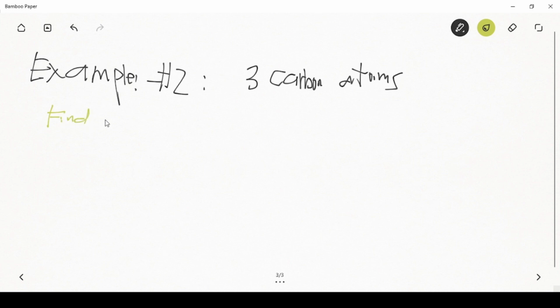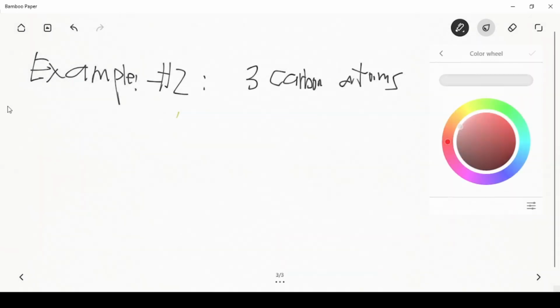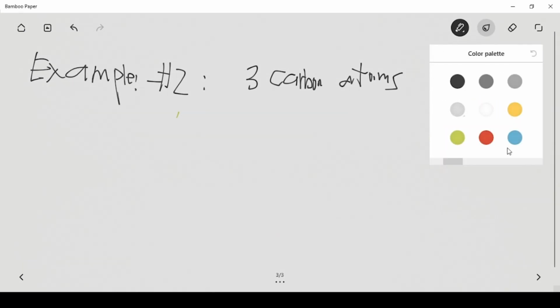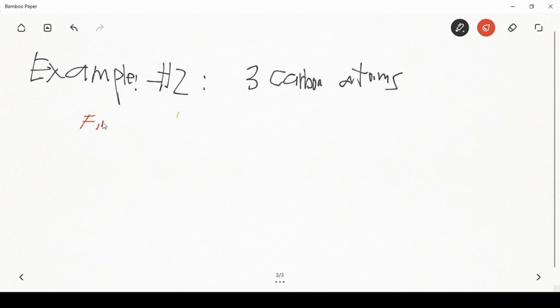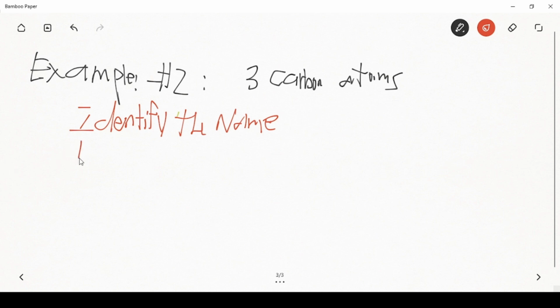Identify the name. Next one is identify the molecular formula.